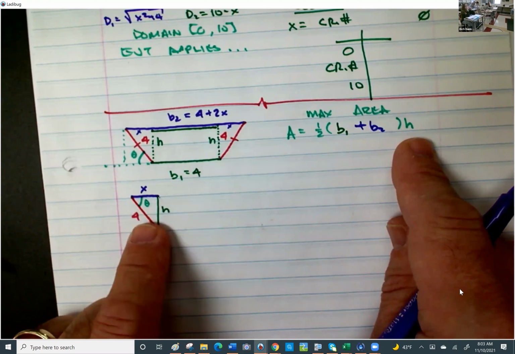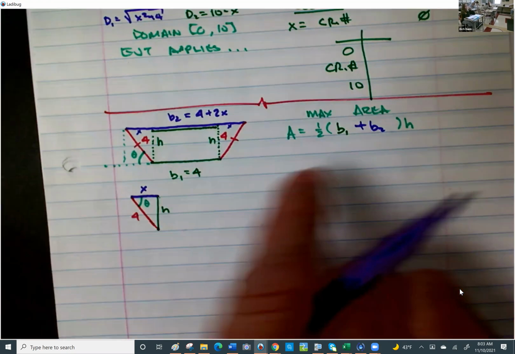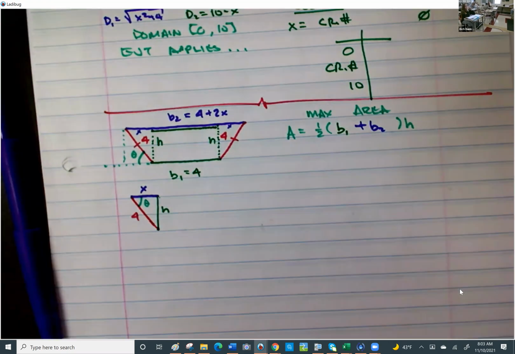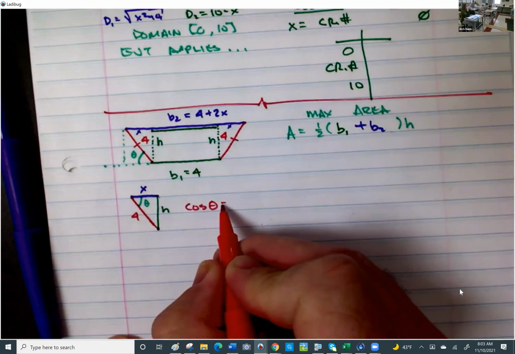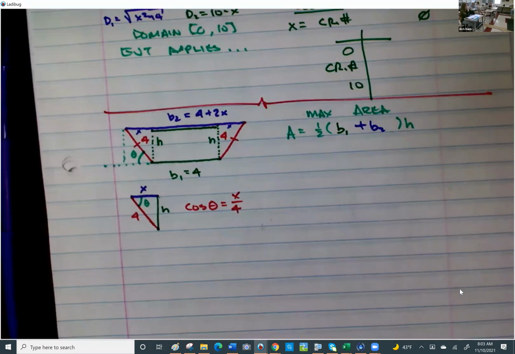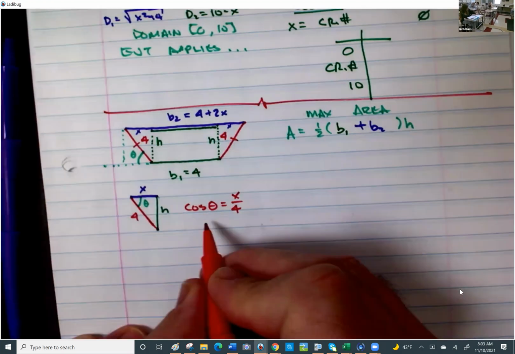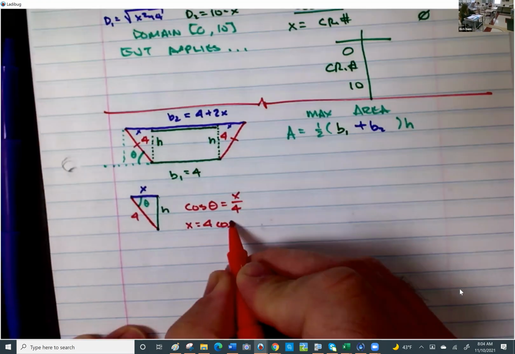So let's take a look at this triangle. Is there a way I could write an equation that, very good, I like that. So the cosine of theta equals x over 4, which would mean that x would equal 4 cosine of theta.